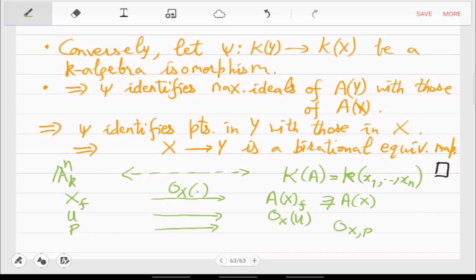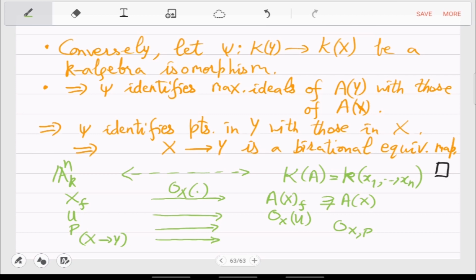So you go to the germs, and what else is there? Yeah, you can also actually look at arrows here. So a morphism: now you take two varieties in the affine n space, X and Y. A morphism corresponds to what?